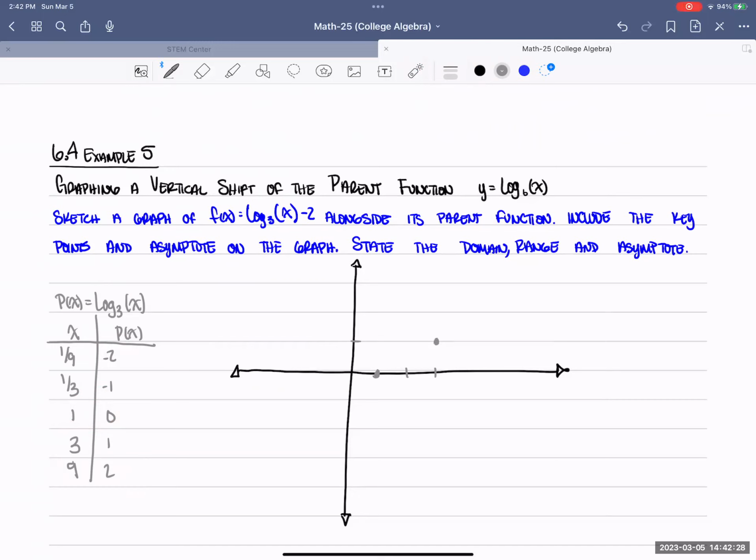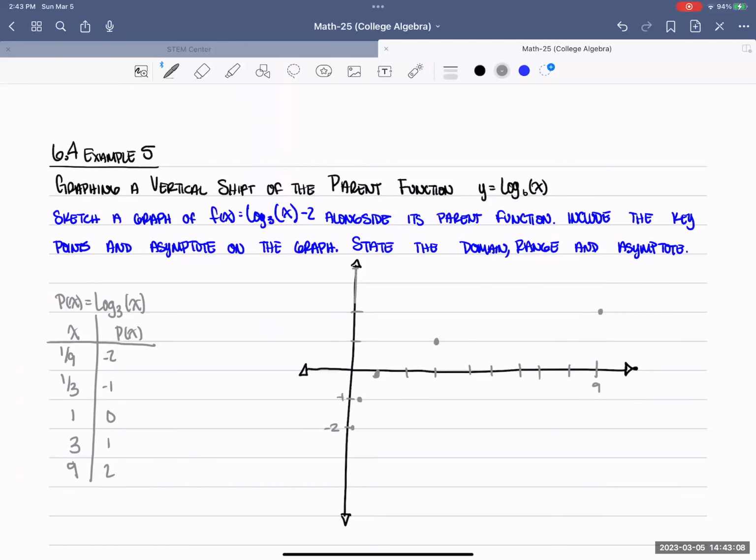When we input 9, we output 2. And moving closer to this range right here, when we input 1/3, we output -1. And when we input 1/9, we output -2.